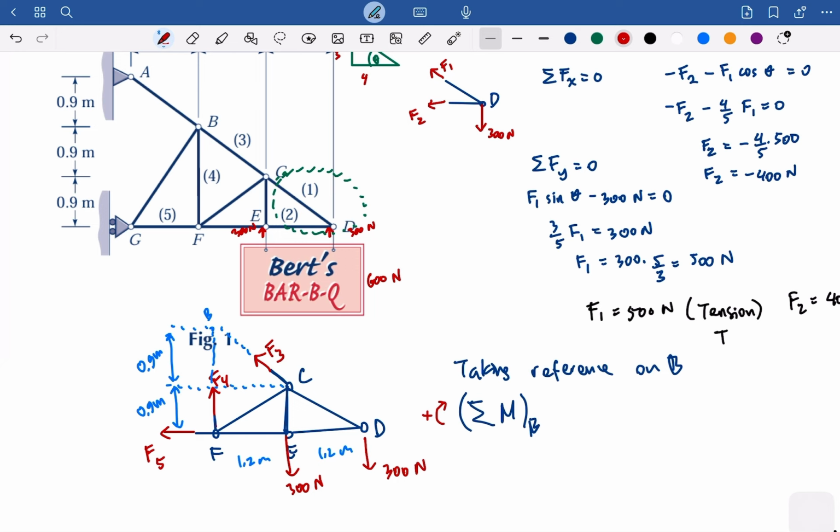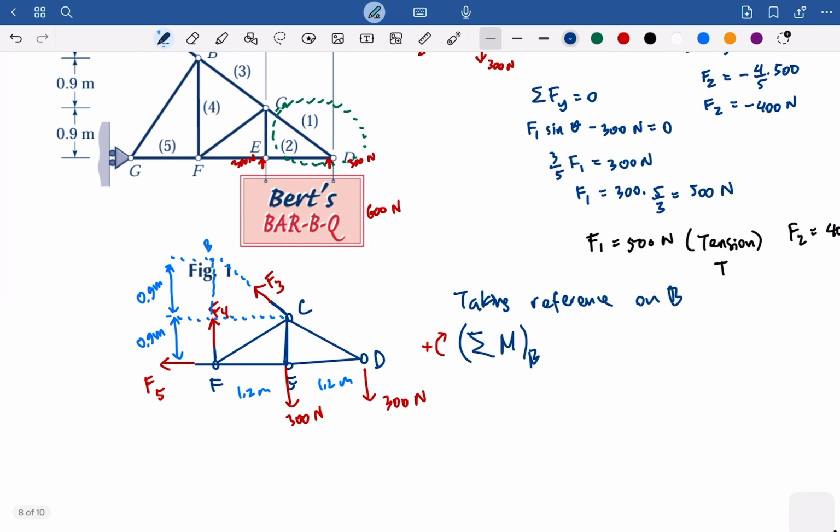So every time we see this rotation, it is positive. If we see the opposite rotation, it will be negative in our equation. So we can write now. First we start from the E.